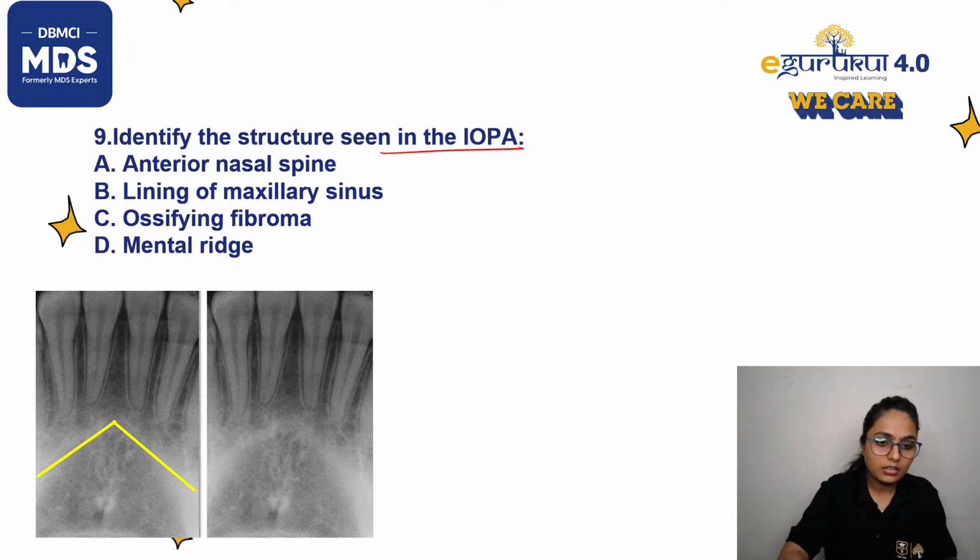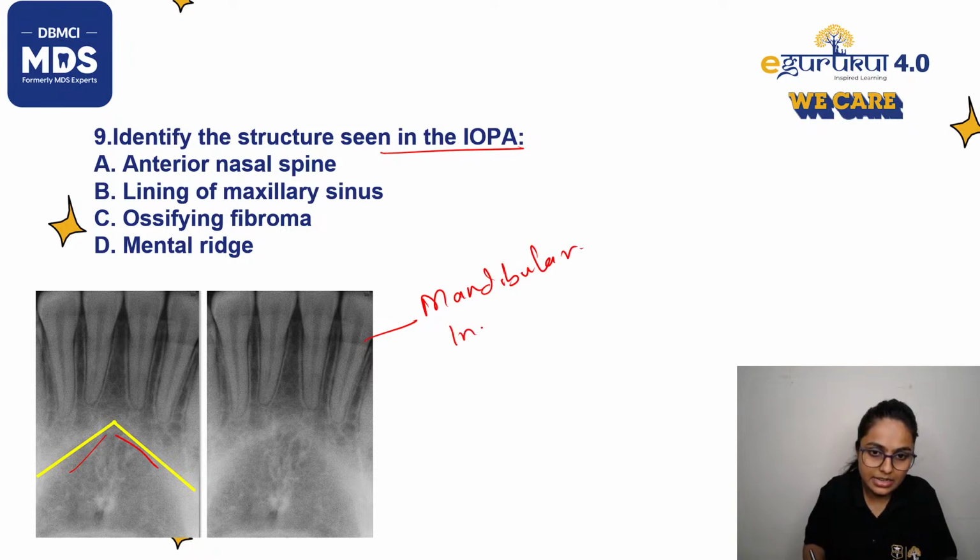Here they have pointed out this structure. First of all, you should be able to identify which area this is. This is the mandibular incisor region, and the structure seen here is the mental ridge. So option D is the correct option.